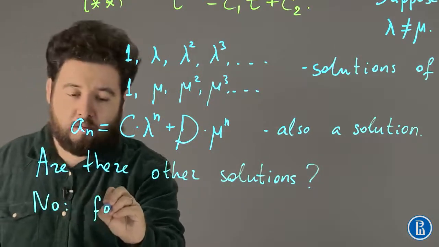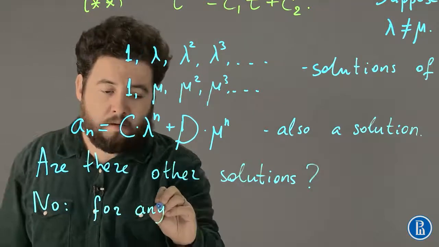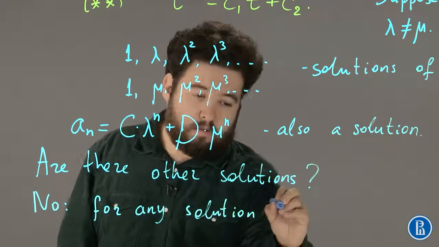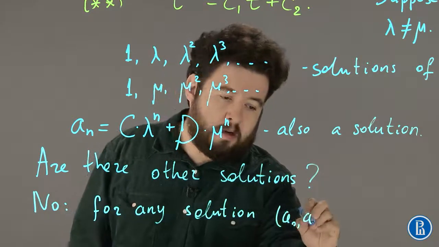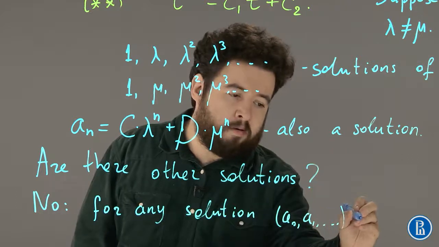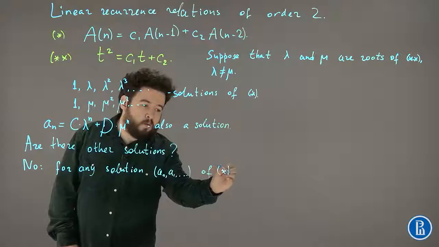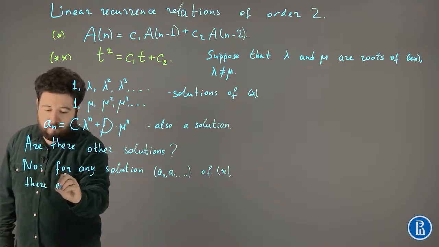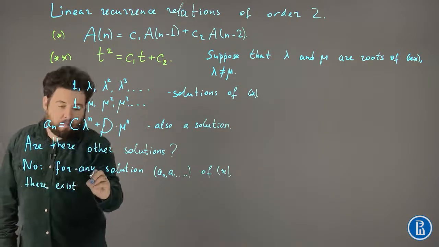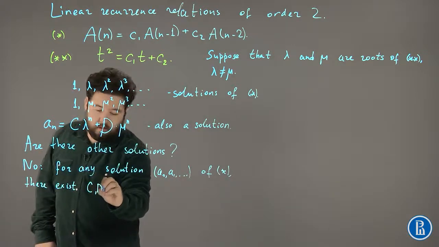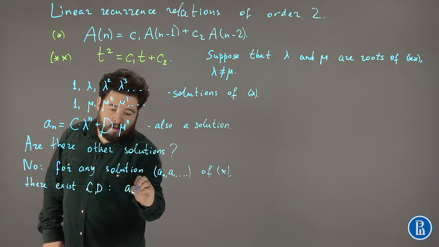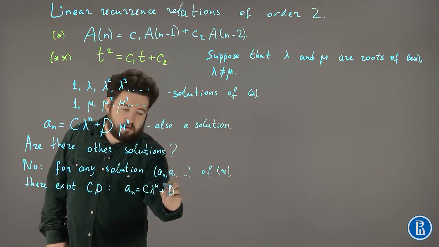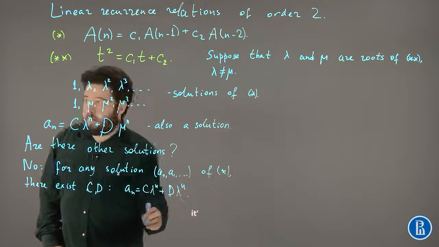Namely, for any solution a0, a1, etc. of the equation star, there exist C and D such that a(n) is C lambda to the nth plus D mu to the nth.